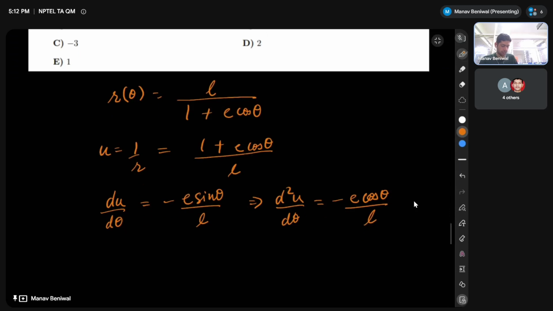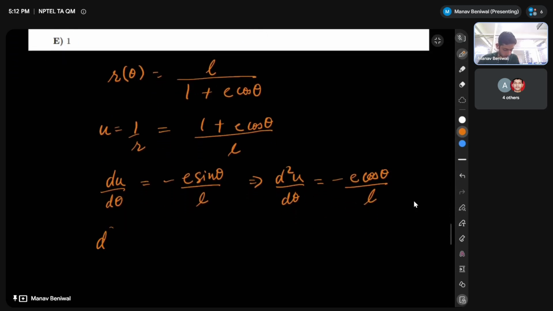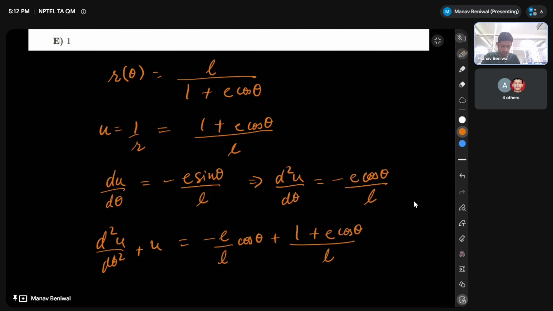Okay, so the left hand side of my Binet equation, which is d two u by d theta squared plus u, then becomes minus e over L cos theta plus 1 plus e cos theta over L. Okay, and so this term cancels out this term, so this simply becomes 1 over L, and this is just a constant.